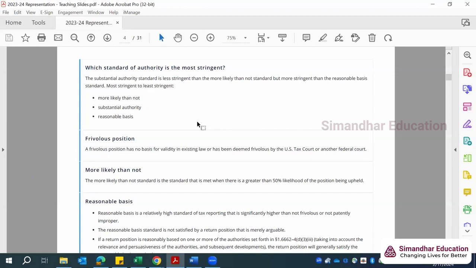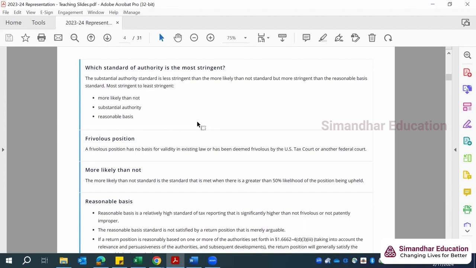Okay. So that is the reason this standard is the most lenient standard. That means your position is not frivolous. You have not taken a position that is not even mentioned in the Internal Revenue Code.